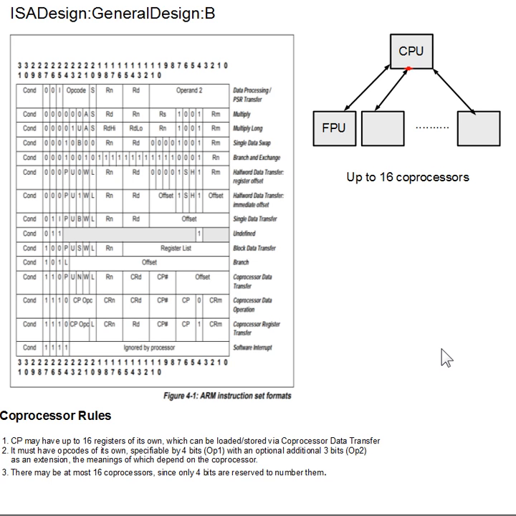Second, it must have opcodes of its own, specifiable by 4 bits, op1, with an optional additional 3 bits, that's op2 or CP, as an extension. And the meanings of these depend on the coprocessor. And finally third, there may be at most 16 coprocessors, since only 4 bits are reserved to number them.